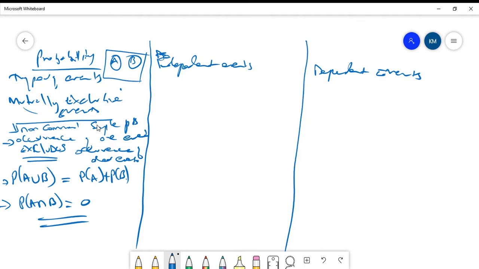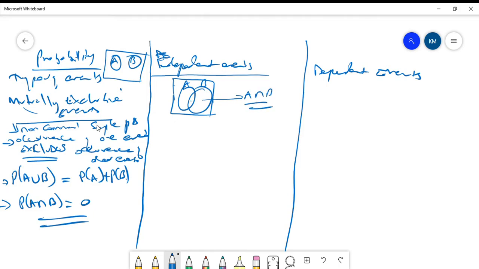So that's about mutually exclusive. But on the other hand, we have the independent event. Independent means that, unlike the mutually exclusive, they have some common sample point. If you are to draw your Venn diagram, then it means the two events are sharing some values. If this is A and B, they are sharing some values here, so the intersection exists.